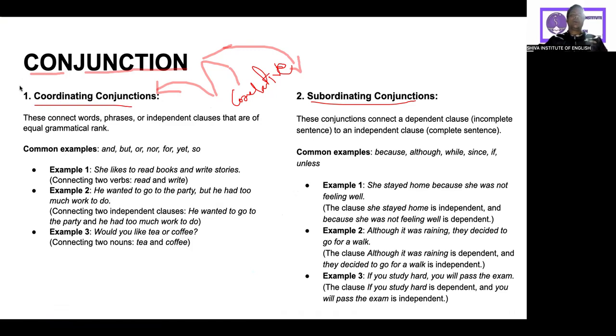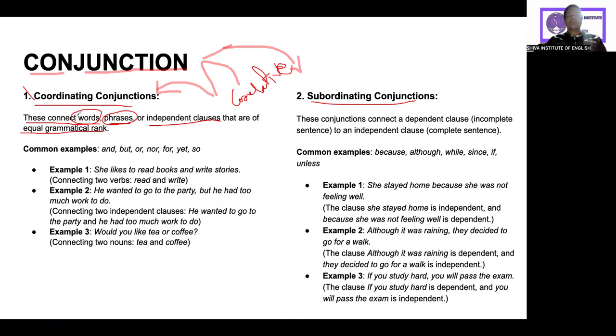Now, if I talk about the first one, coordinating conjunctions. These conjunctions connect words, phrases. Please understand what they do: they join two words, two phrases, or independent clauses that are of equal grammatical rank, right?